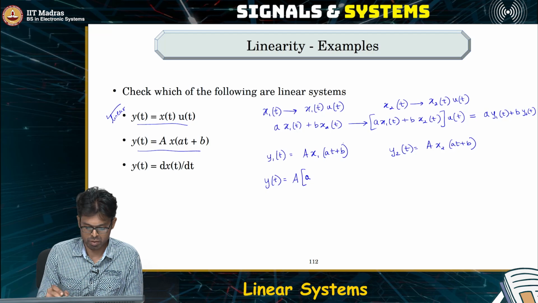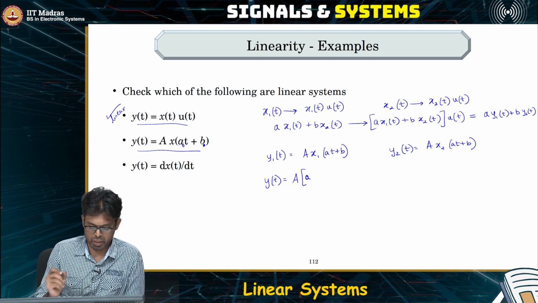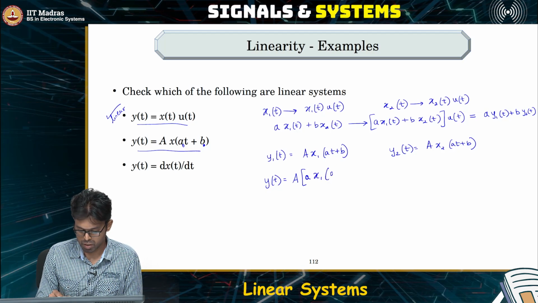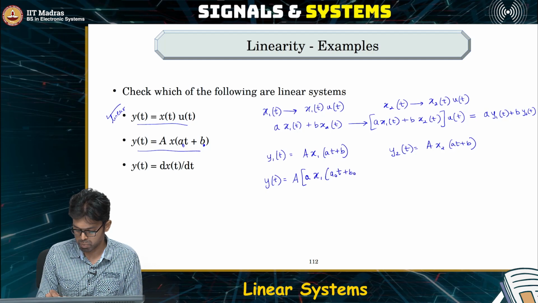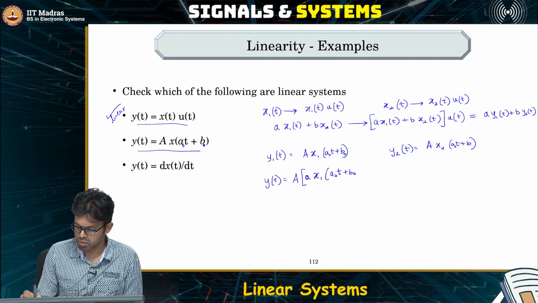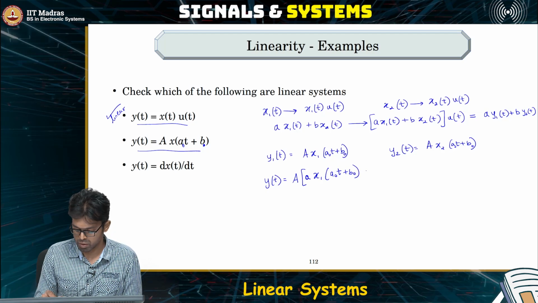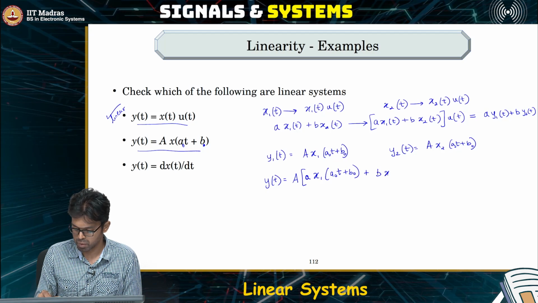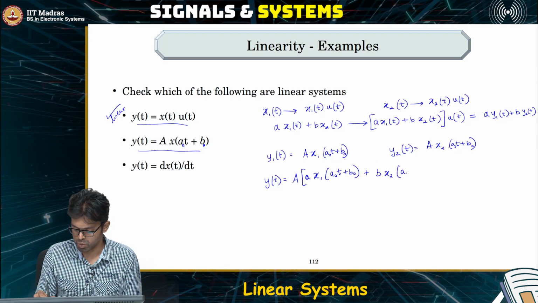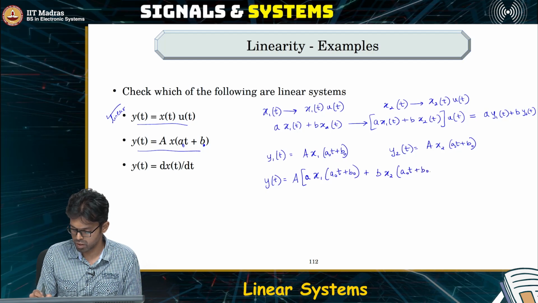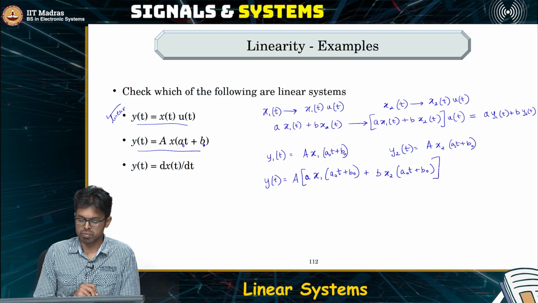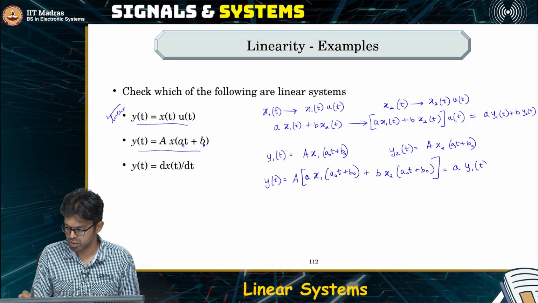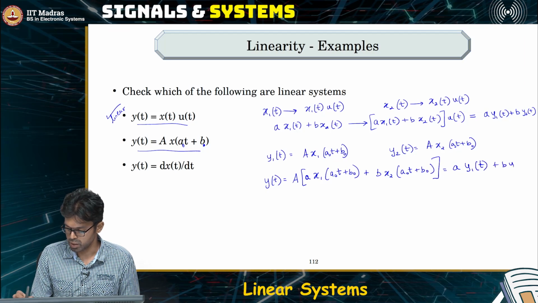Let's make this a naught, b naught. Then you get a times x1 of a naught t plus b naught, plus b times x2 of a naught t plus b naught, which is exactly the same as a times y1 of t plus b times y2 of t.